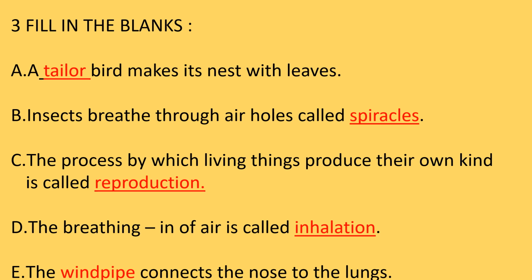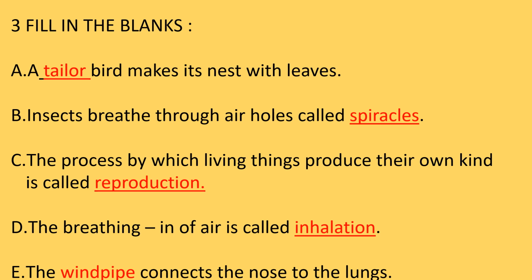And plants breathe through the tiny pores called stomata present on leaves. Now what about insects? Insects breathe through air holes called spiracles. Insects have tiny holes called spiracles on their abdomen and they breathe through them.